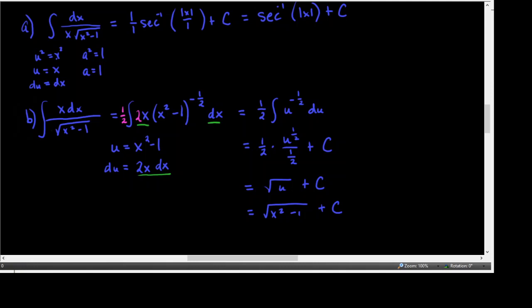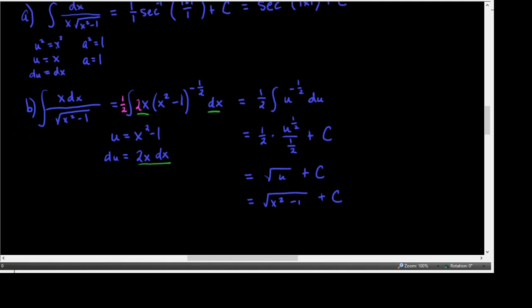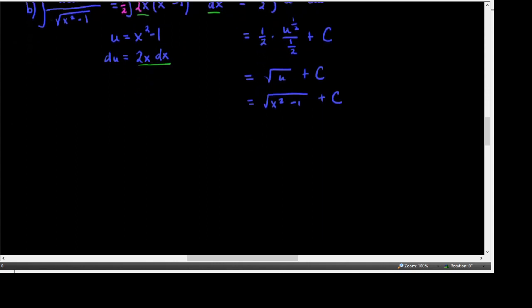Okay, let's look at c. Let me write that one down. Go back to that page. There we go, there it is. Now this one looks hauntingly a lot like the ones we've dealt with, because the form is u squared minus a squared in that radical.